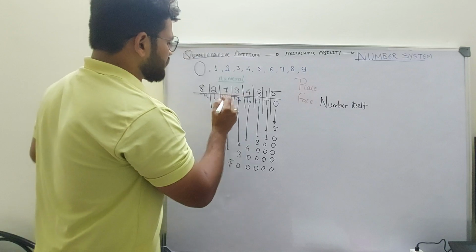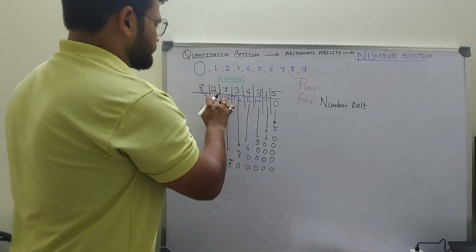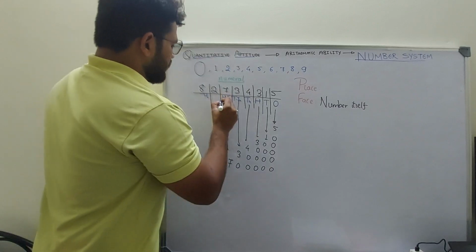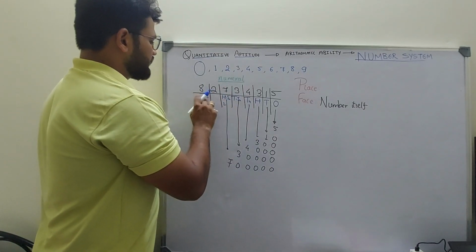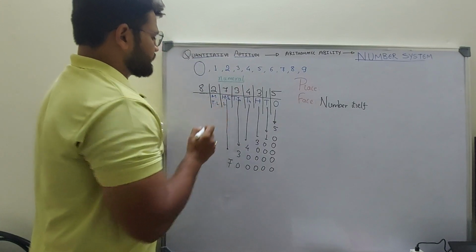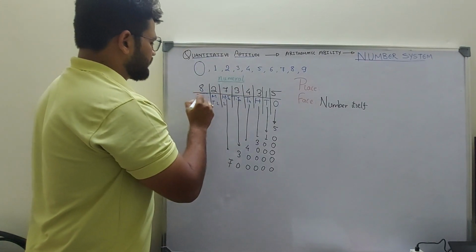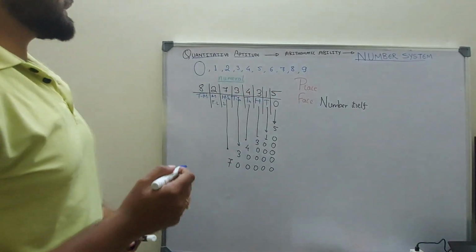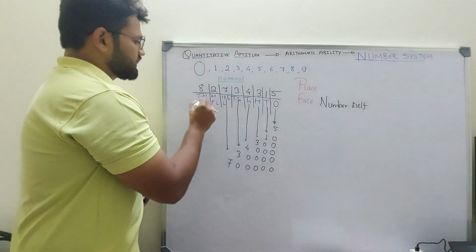So 100,000 is also called a lakh. Similarly, lakhs over here, and then million, and over here 10 lakhs, and this is 10 millions. And this is crore, because we have 7 digits, so it is crore.